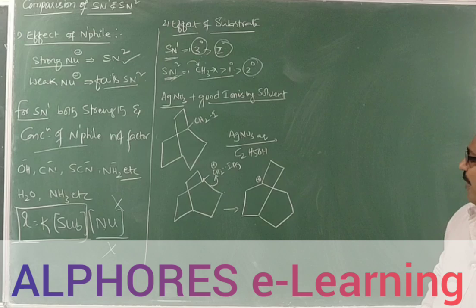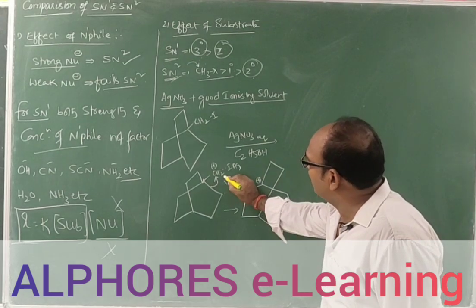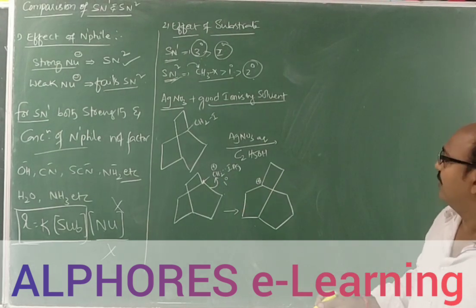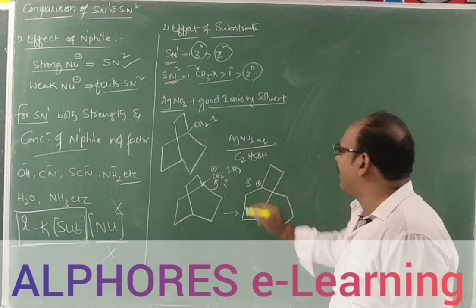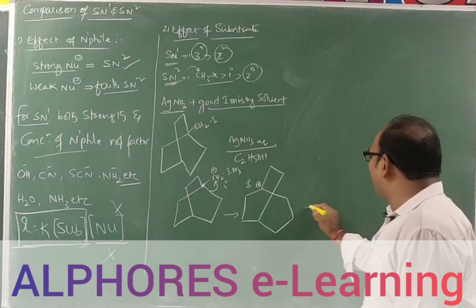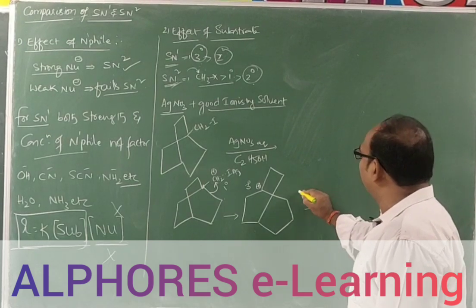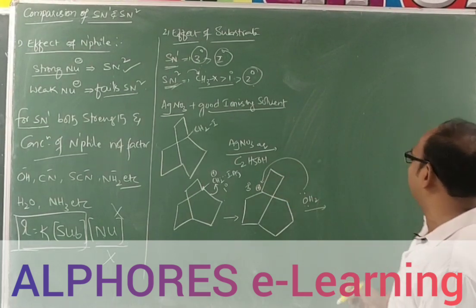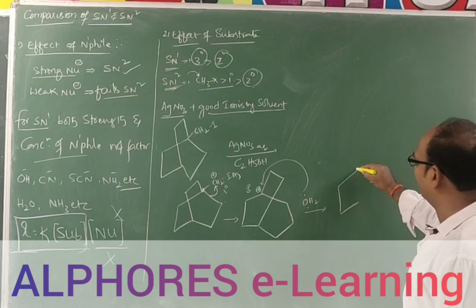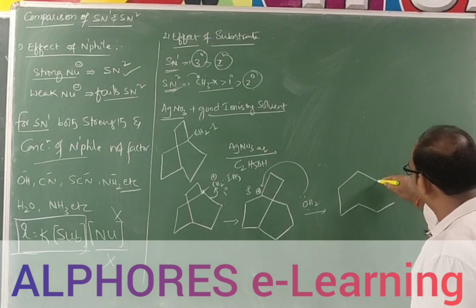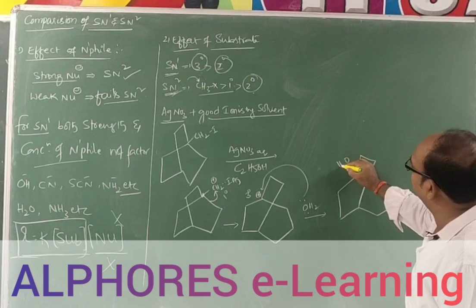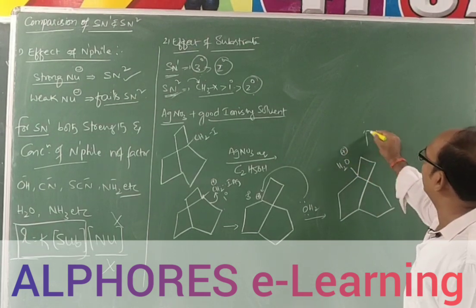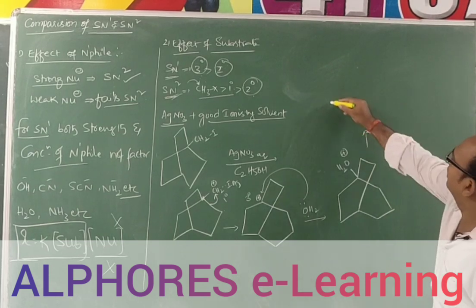So carbocation formation takes place. Earlier it was primary carbocation character; now, whenever the bond shifts, it turns to tertiary carbocation character. On this, a water molecule is going to attack. The water molecule comes and attacks this tertiary carbocation, and we get the product like this, with OH2 plus, which upon deprotonation gives the alcohol.